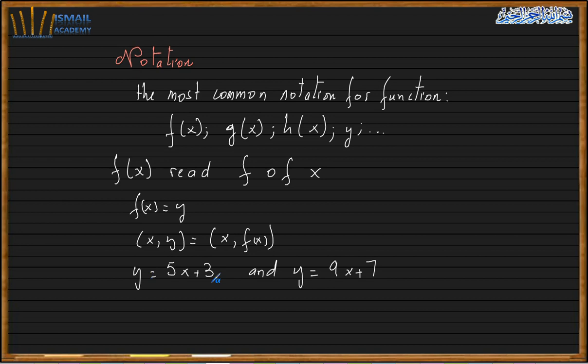Those two are distinct expressions. But then they get confused on this. This is why we write f of x equal 5x, and here we can write about the function. But in fact, it's the same thing.